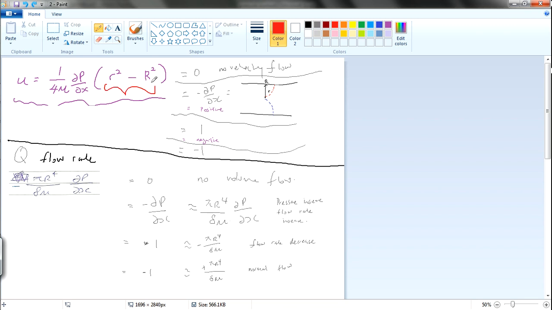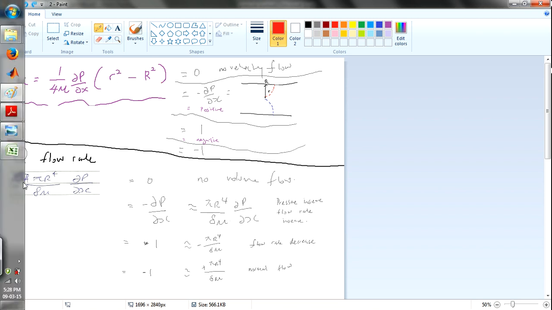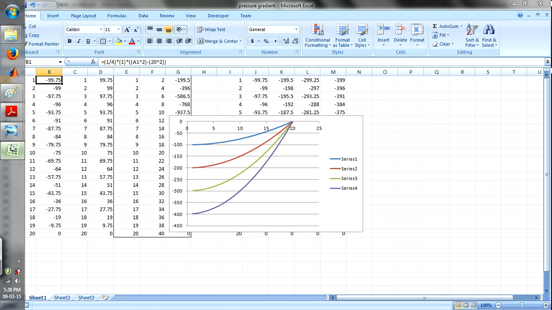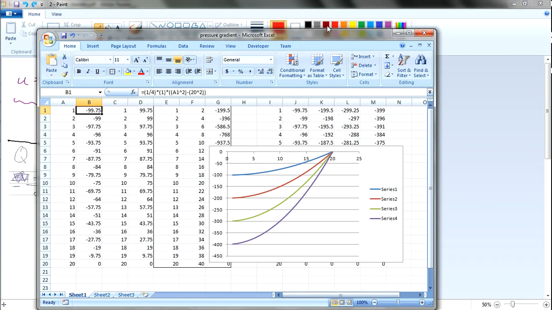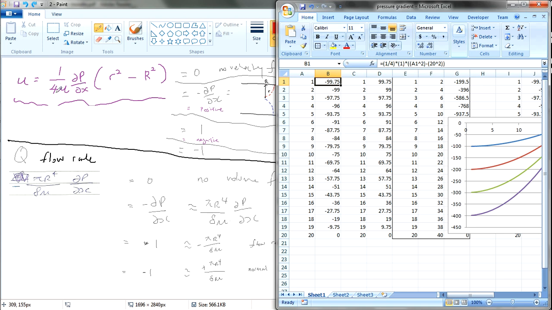So this is how exactly this whole thing works. Make sure you are not fooled by all these equations. This is definitely negative. So what I did was I drew out an Excel equation which is similar to that. 1 over 1 quarter.